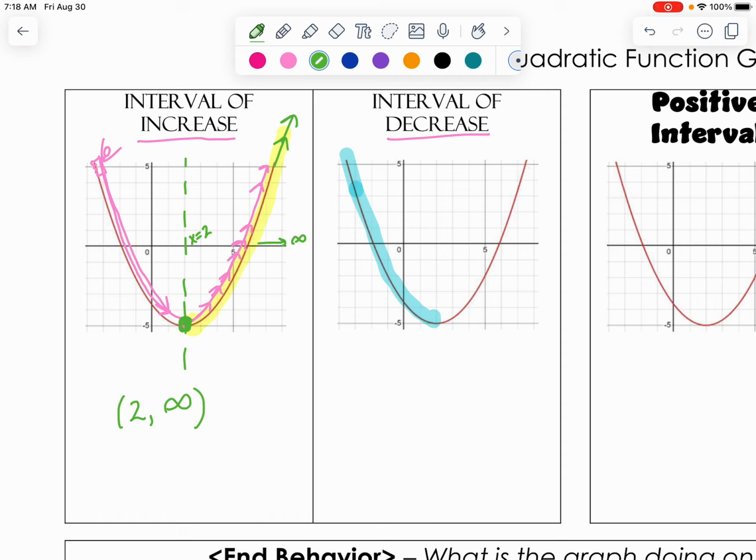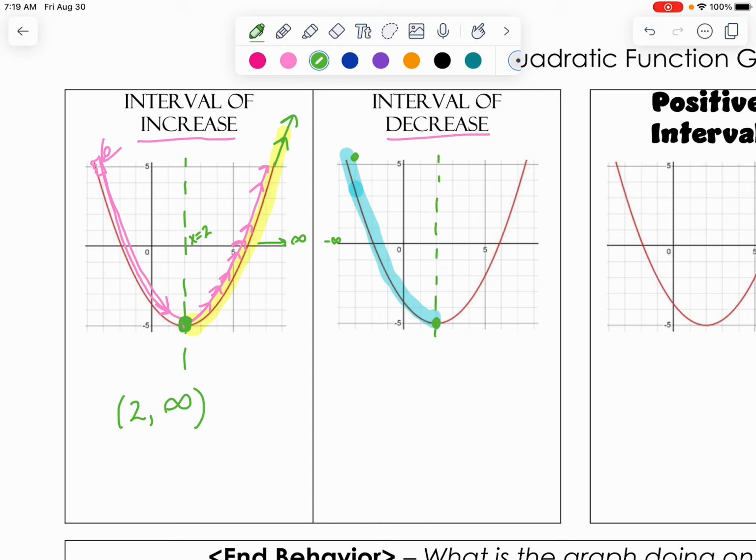Now for the interval of decrease. Now in our minds, like visually, we can see that the graph starts here on our paper. But remember that the graph really starts all the way to the left forever and ever and ever, all the way down at negative infinity for the x values. Starting all the way as left as far as you could go, all the way up until this point right here, the graph would be decreasing.